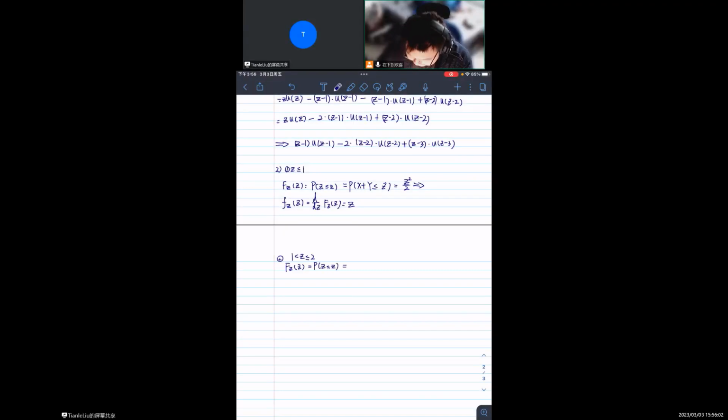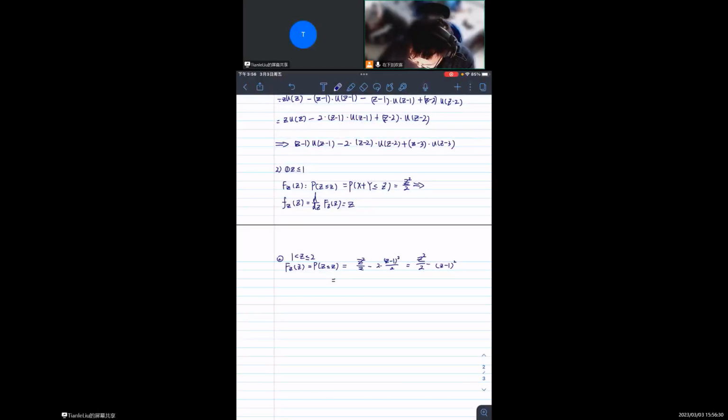Same process, but now the total area of the triangle is z squared over 2, and we need to subtract 2 parts of z minus 1 squared over 2, which will be z minus 1 squared.